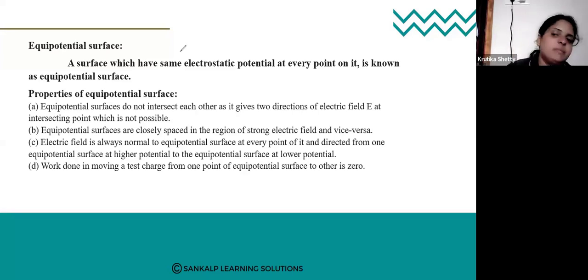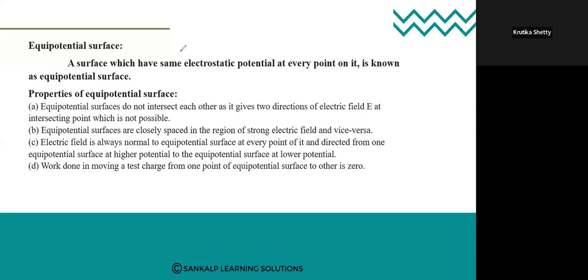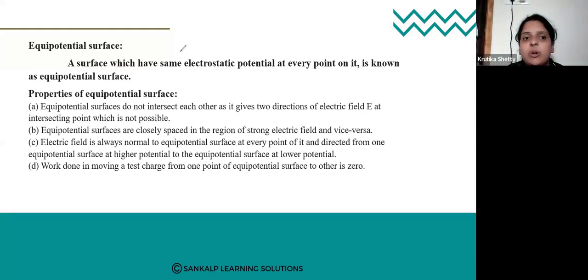What is the meaning of that, why will they not intersect? See, this is one equipotential surface, where every point of the surface has the same potential.